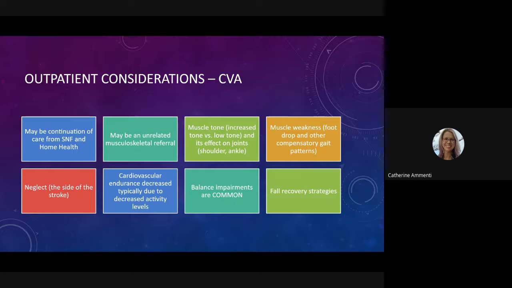So if you see a patient with low tone, if you remember back to the ICE videos, you saw some patients who had a very flaccid upper extremity kind of hanging to the side. The therapist had to remind them to put that hand back on their lap because they were not really attending to it.